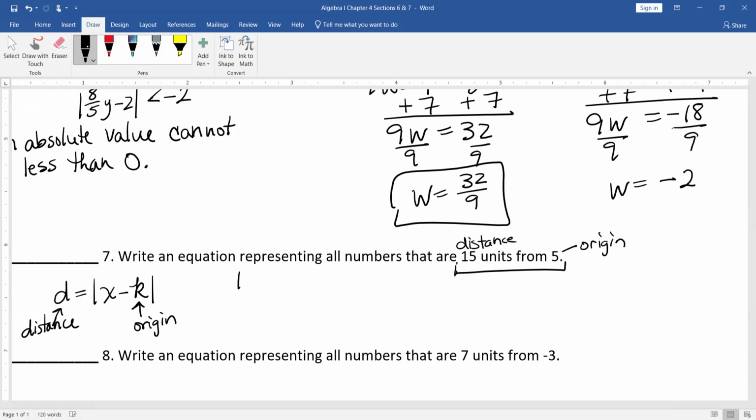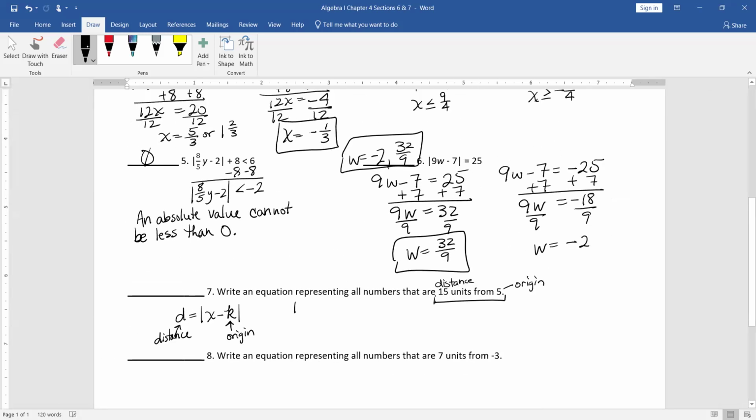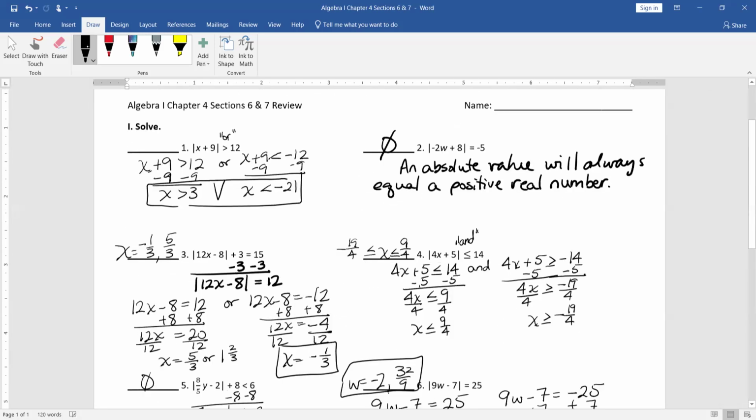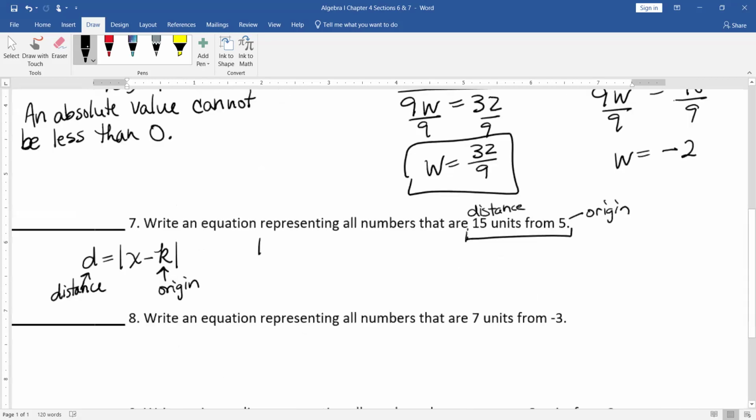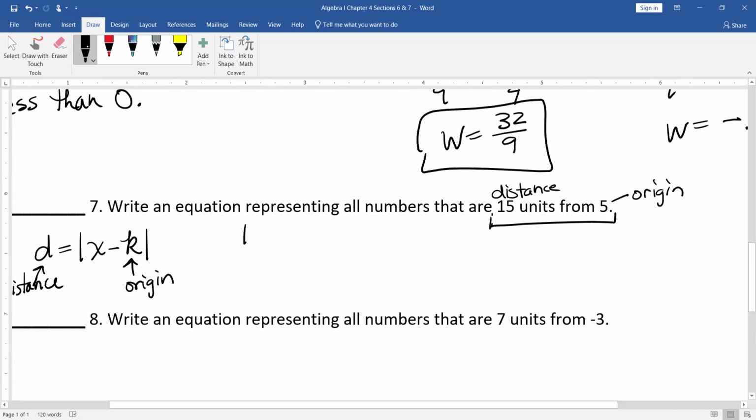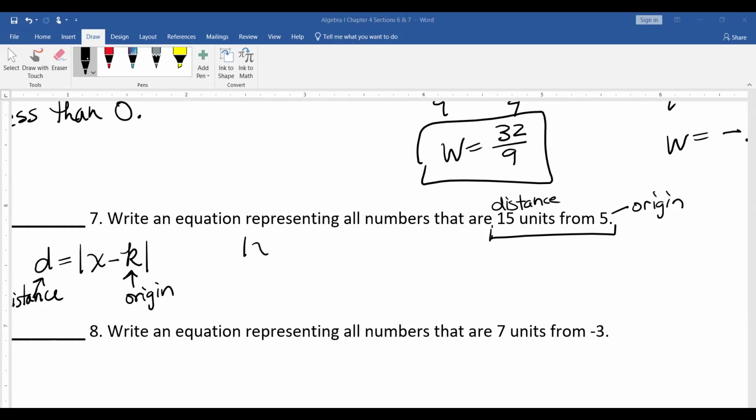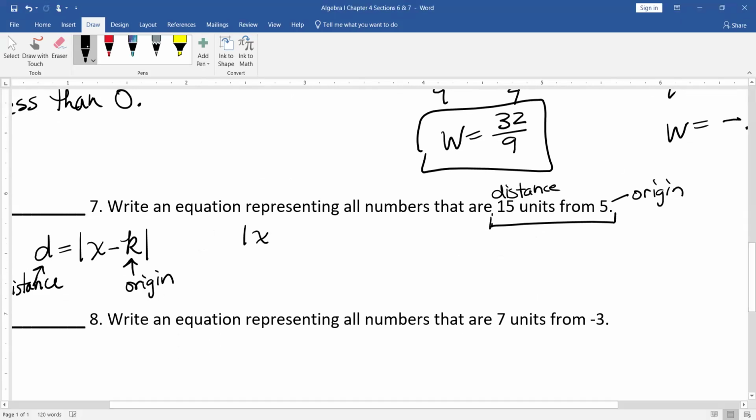And if we're just writing equations, we're not solving them for these. I don't believe, although it is still under a solve. Yeah, we'll do both. We could use the practice. Okay, so this is the absolute value of x minus k, my origin, which in this case is a positive 5, so I'm subtracting 5, equals my distance, which is 15.